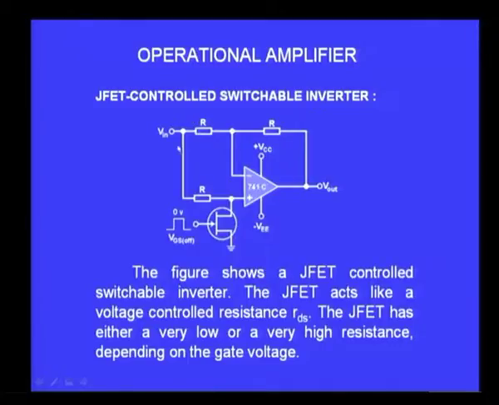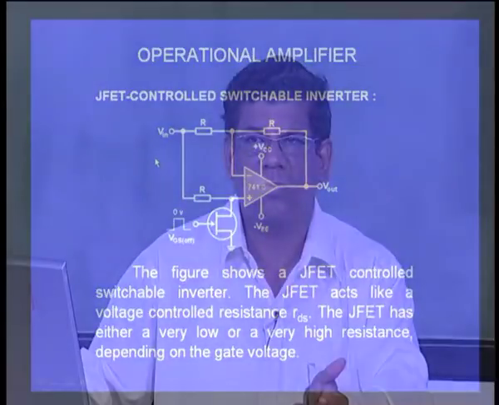When that happens, only the inverting input is driving the amplifier, and therefore, the gain will be minus R by R, that is -1. So, by using this square pulse, I can switch back and forth as an inverting or a non-inverting amplifier. The same thing I showed as a demo, except that I was manually switching. I am taking the wire, I am connecting to the ground, now I am connecting the same wire to the input terminal.